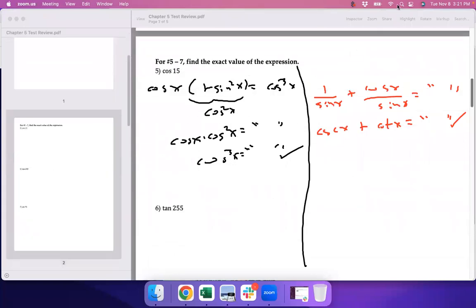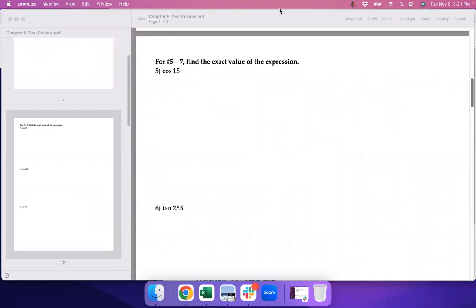Here you're being asked to find the exact value of the expression. So you're going to have to use your sum or difference formulas. Now, for 15 degrees, I could do 45 minus 30 degrees, right? So I could think of this as cosine of 45 degrees minus 30 degrees.